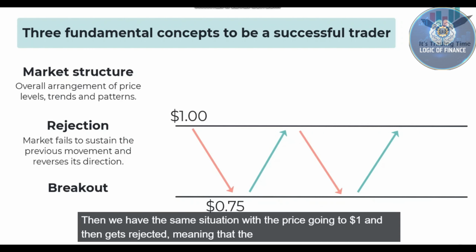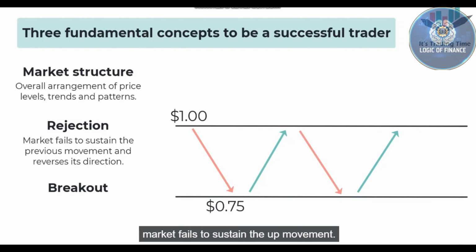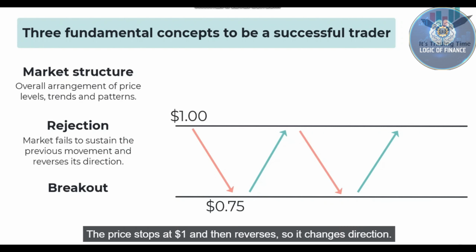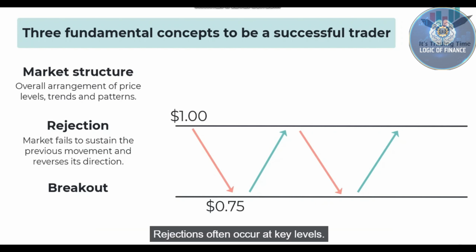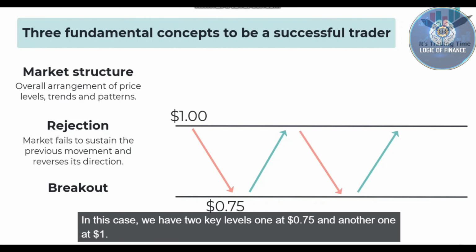Then we have the same situation with the price going to $1 and then gets rejected, meaning that the market fails to sustain the up movement, the price stops at $1 and then reverses, so it changes direction. Rejections often occur at key levels. In this case, we have two key levels, one at 75 cents and another one at $1.